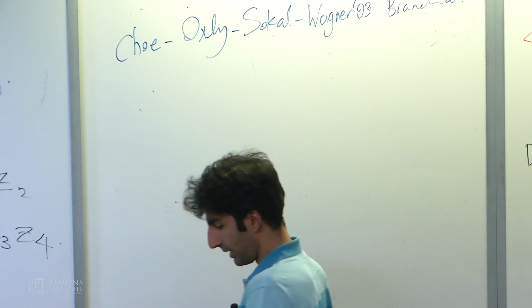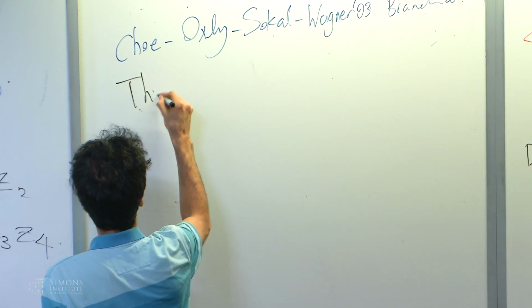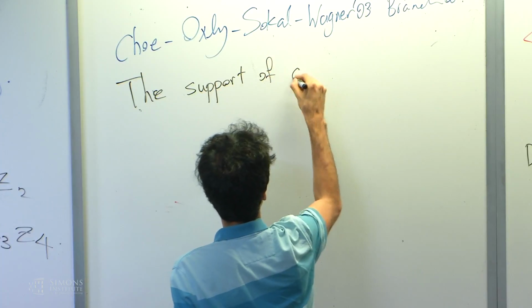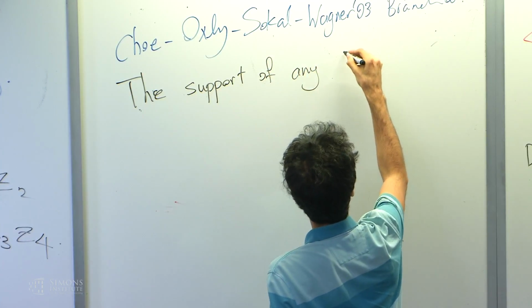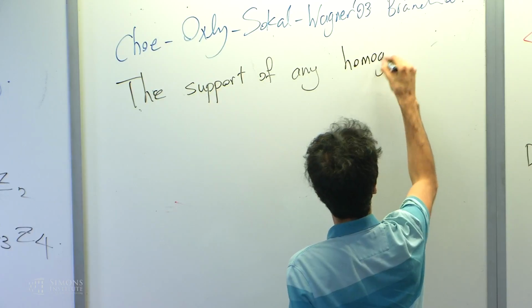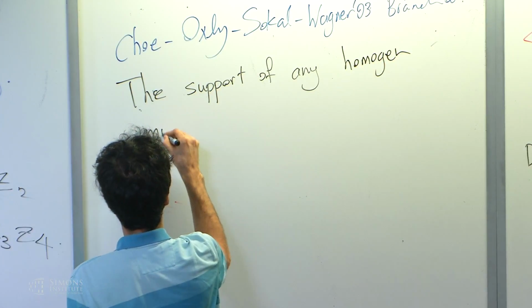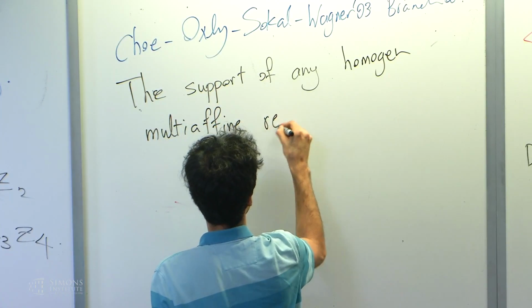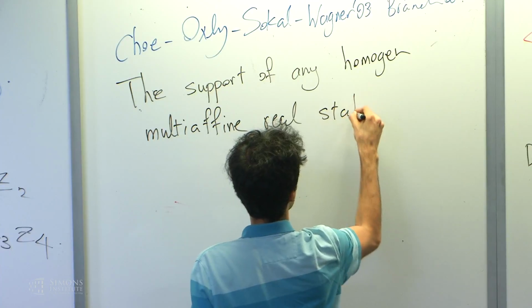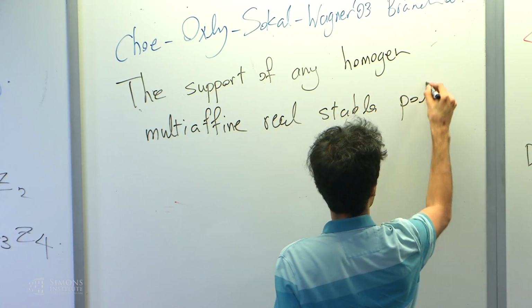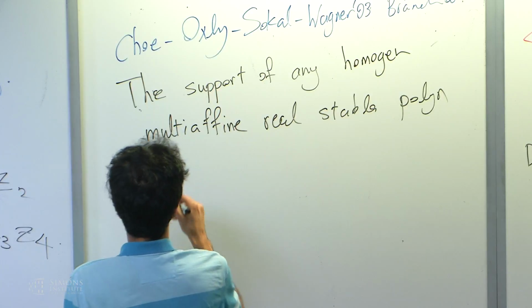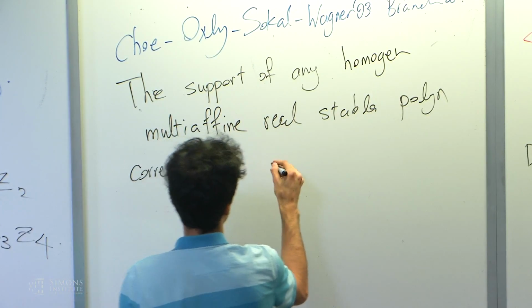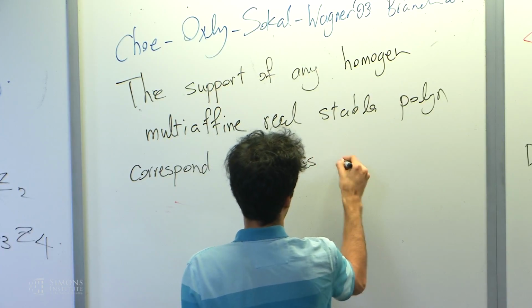Which says that the support of any homogeneous multi-affine real stable polynomial corresponds to the bases of a matroid.